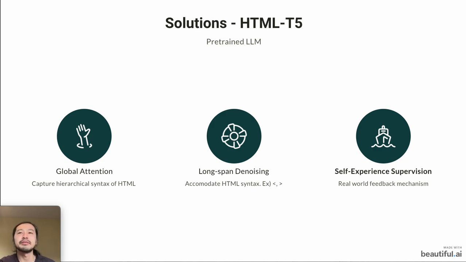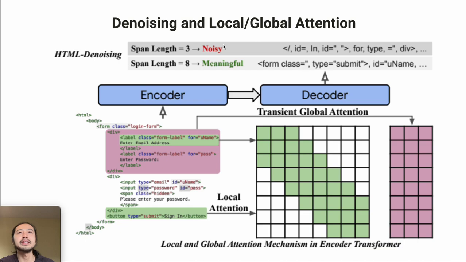HTML contains a lot of gibberish as well, such as open brackets or closing brackets that don't have that much meaning, so it needs to accommodate a longer span of denoising. And they're using a technique called self-experience supervision, accommodating a real-world feedback mechanism. We'll go over this in more detail.